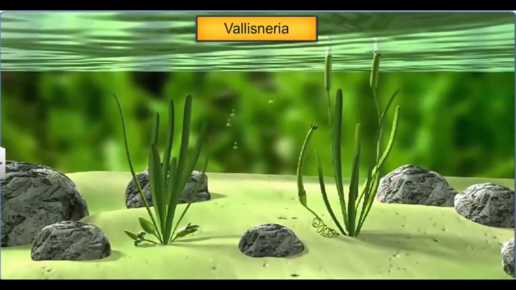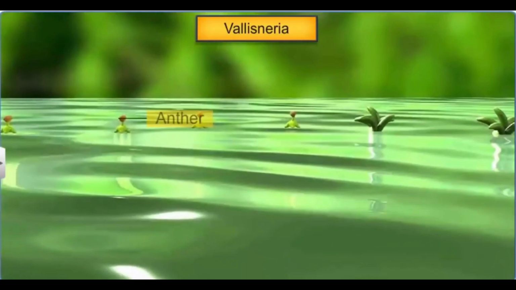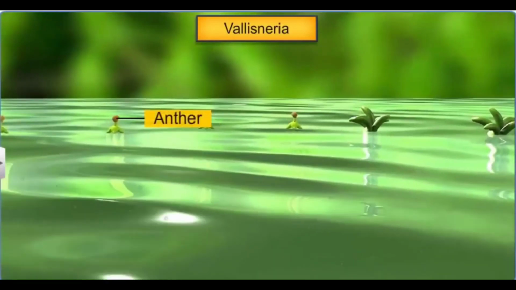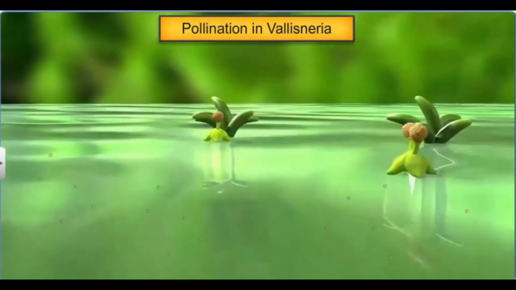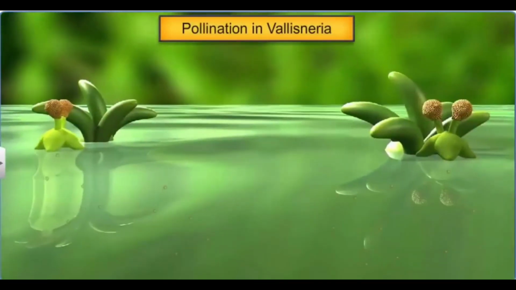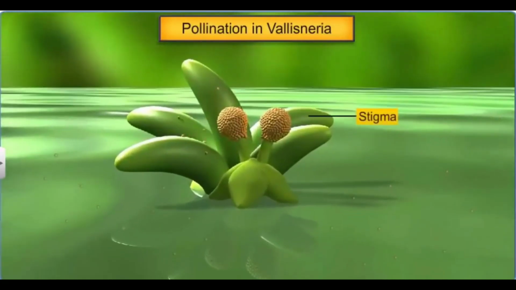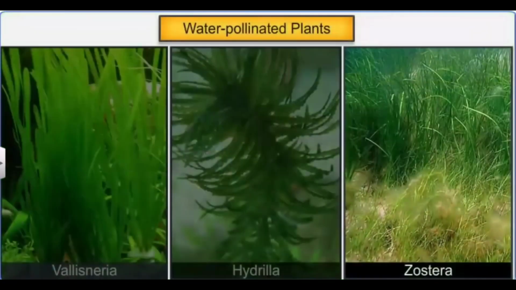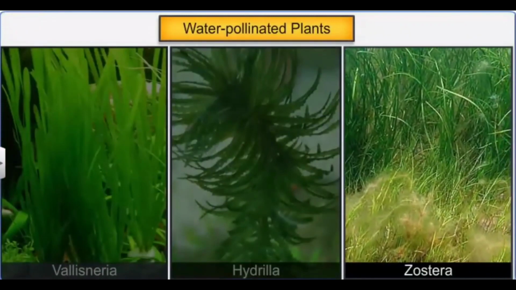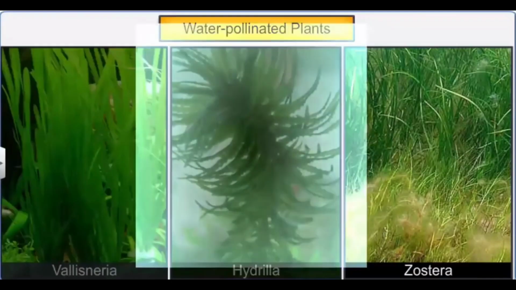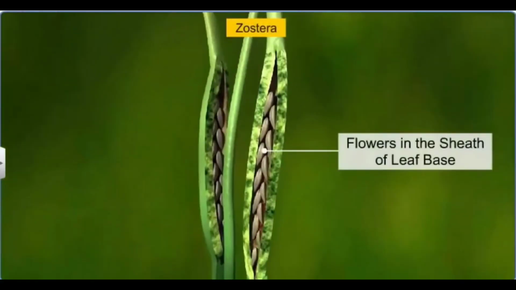Upon maturing, the buds rise to the water's surface and open up to expose the anthers. Pollen released from the anthers is carried by water currents, where some of them eventually come in contact with the stigma. In the case of Zostera, a dioecious seagrass, the male and female flowers remain submerged in water.